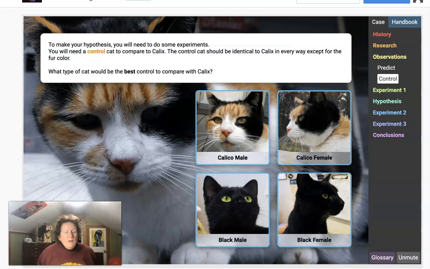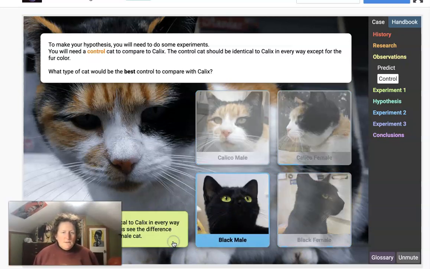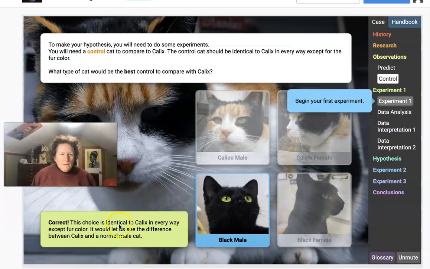A calico male is an unusual cat that's too much like Calix, so we want to have kind of a more typical male cat. So we can choose this one. So the choice is identical to Calix in every way except for color.